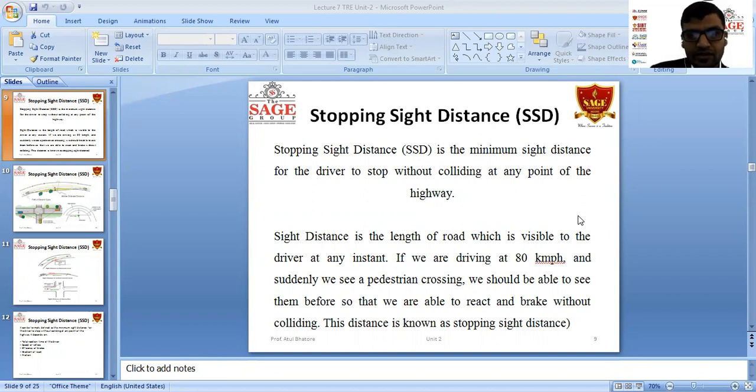If we are driving at 80 km per hour and suddenly we see a pedestrian crossing, we should be able to see them before so that we are able to react and take action like brake without colliding. This distance is known as stopping sight distance.